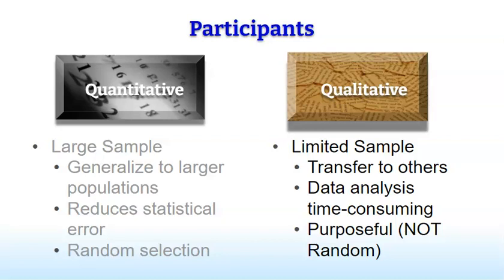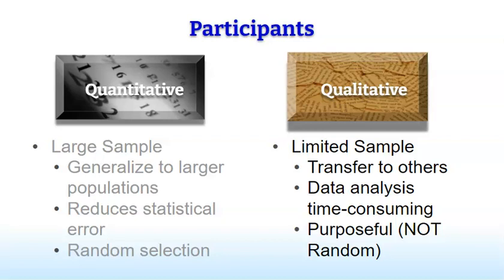But we are able to transfer to others depending on how well the researcher explains what their research is and who's in the research. We can take their explanation and say, hey, this applies to my situation, or this applies to that teacher's situation, or this applies to whatever. So you can decide who this research applies to, even though we're not generalizing to a large population.